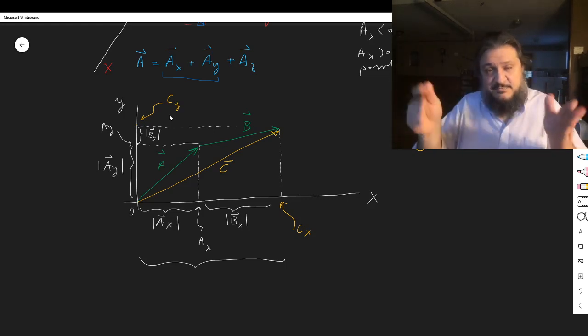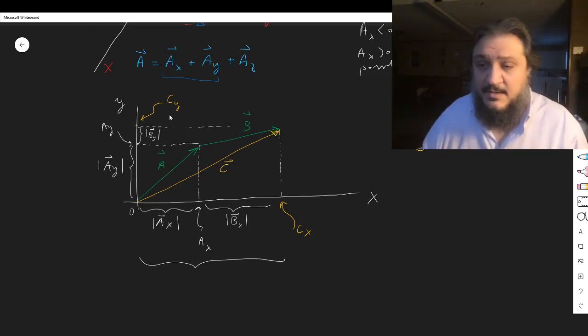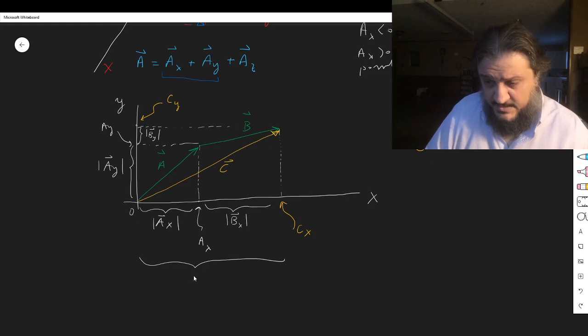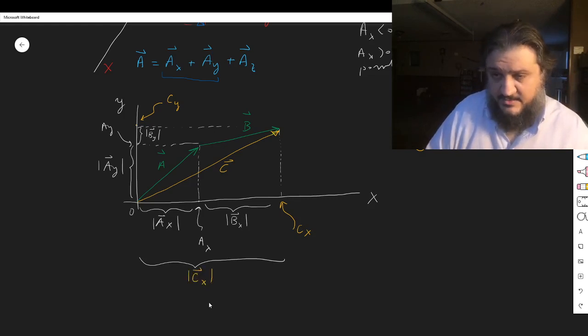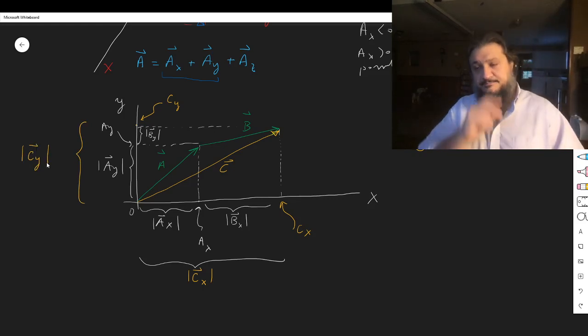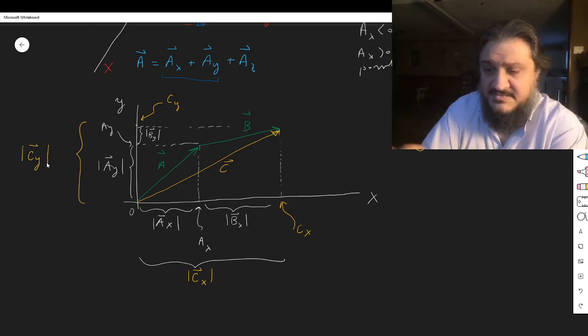The physical distance, which I write with bars, is always positive. But this sub here, which is cx, is different from the magnitude, and here, this is the length of the component vector cy.